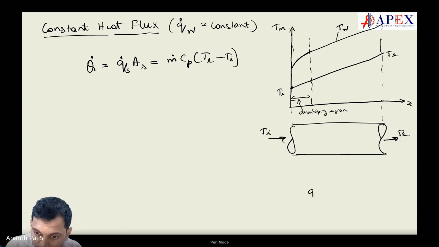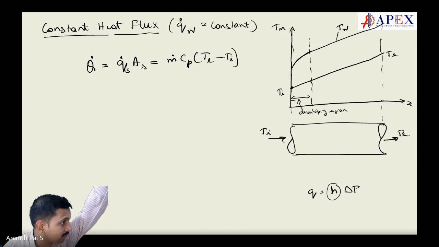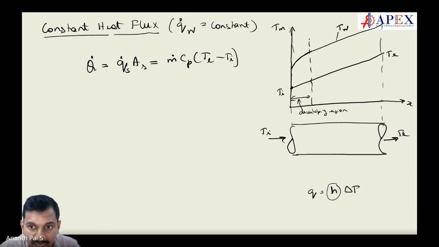So for the heat transfer, Q is equal to H into delta T. In the entrance region, H is higher. So when H is higher, delta T should be less, is it not? What is this distance? This distance is delta T, which is equal to T wall minus T mean.